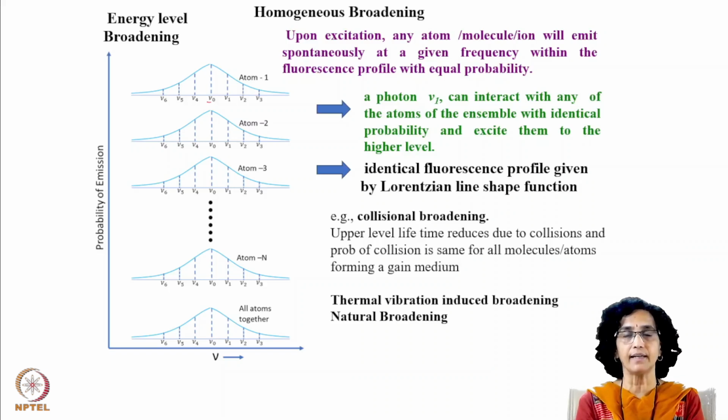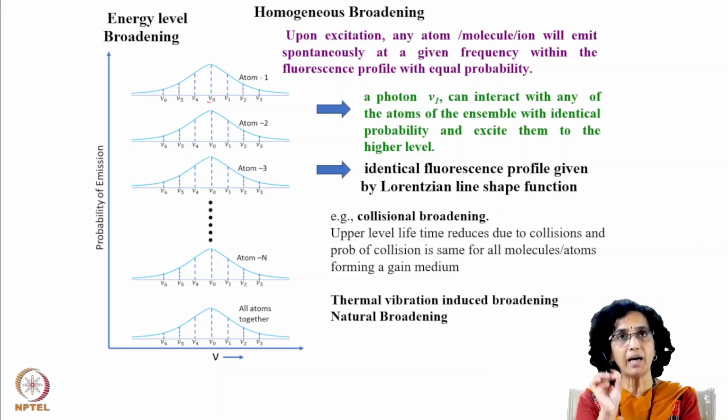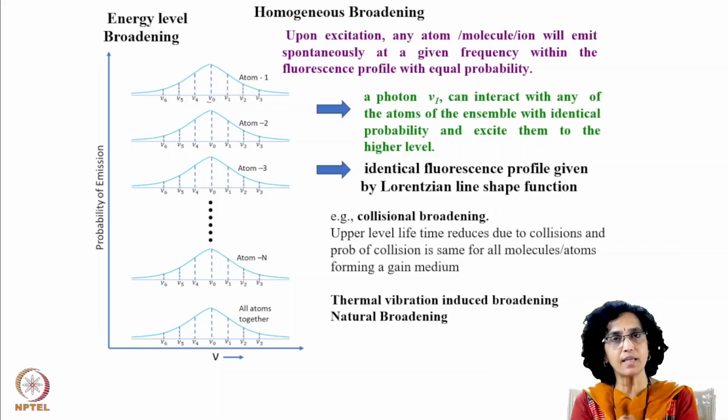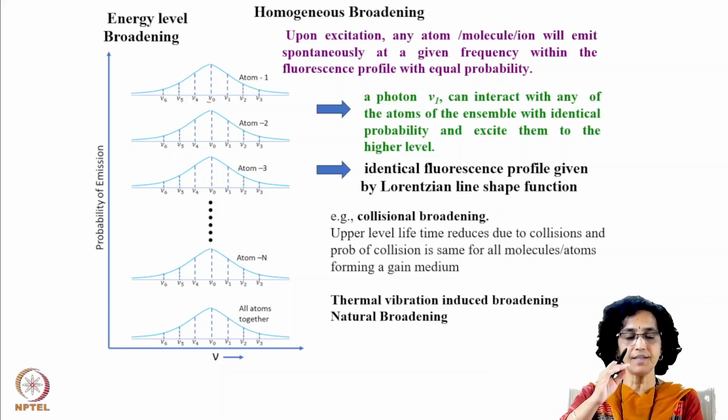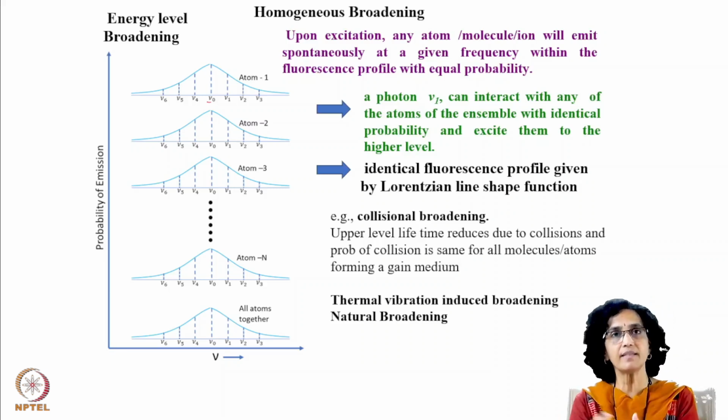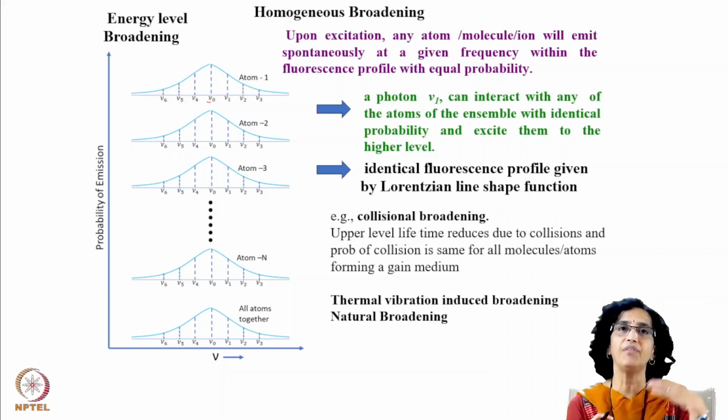I take another atom, mark it, and repeat the same experiment. I excite it and try to see the de-excitation frequency. I repeat this experiment n number of times, n tending to a very large number.